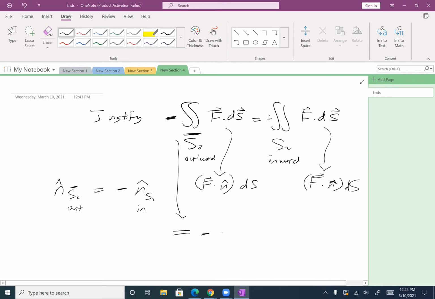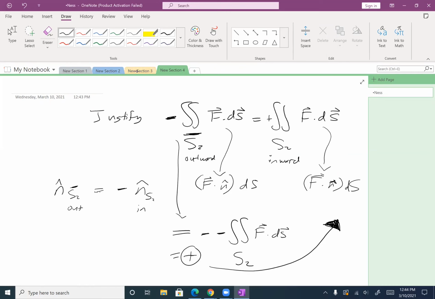And so then we get two minus signs, and so this is exactly the positive sign that we want. So this problem just shows that you have to be careful about the orientations and always, always, always think outwards.